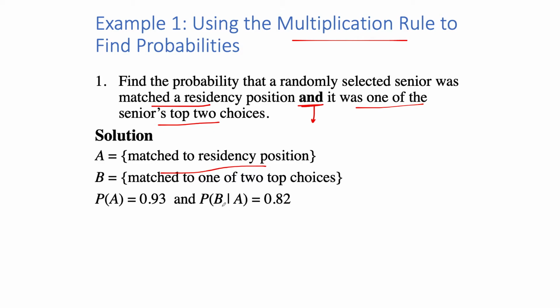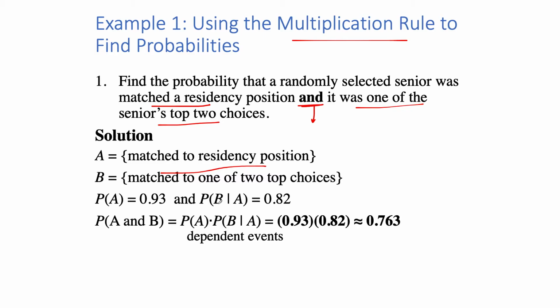The probability that you get one of your top two choices, given that you've already been chosen, is 82%, right? So this is the probability that you get one of your top two choices, conditioned on the fact that you've already been matched into some kind of residency.